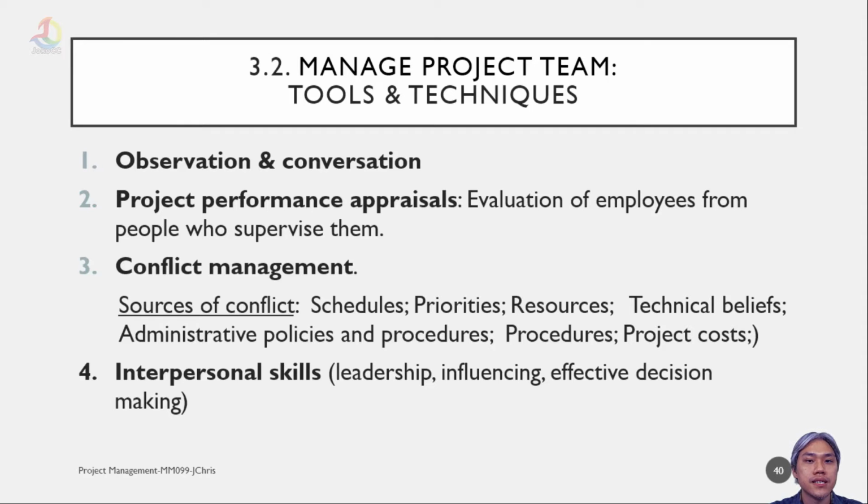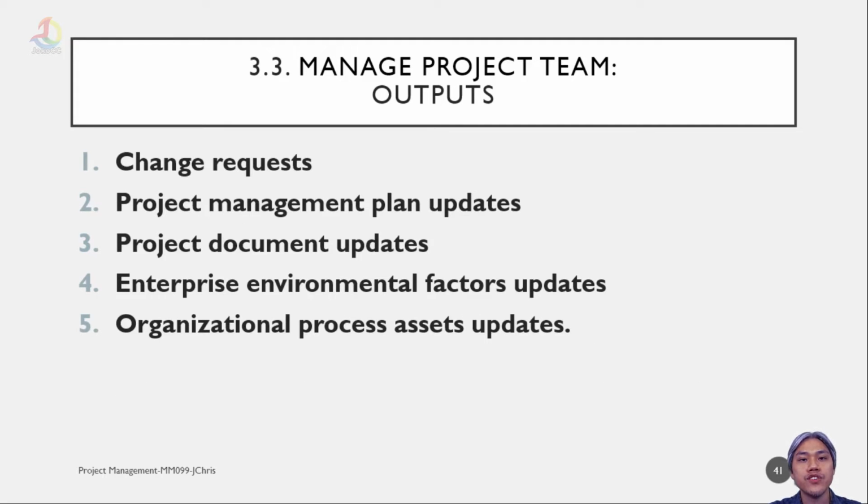The fourth technique is interpersonal skills: leadership, influencing, and effective decision making. The outputs of manage project team are change requests, project management plan updates, project documents updates, enterprise environmental factor updates, and organizational process assets updates.